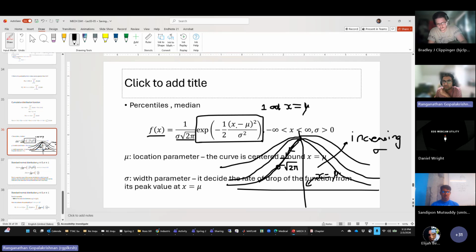If you substitute x equals mu, this is 0. What is the exponent of 0? 1. That's what I wrote here. Is that okay, Elijah?